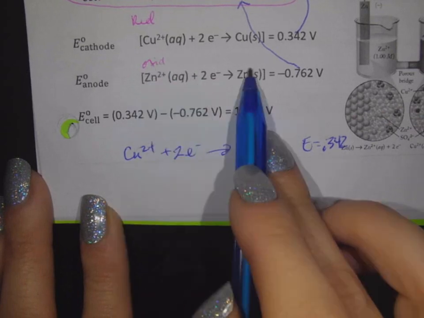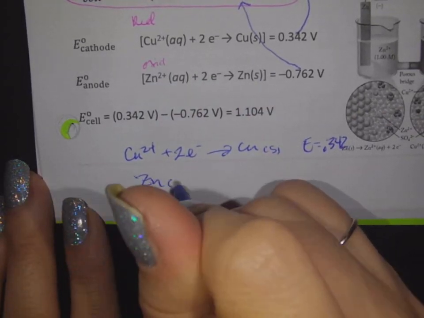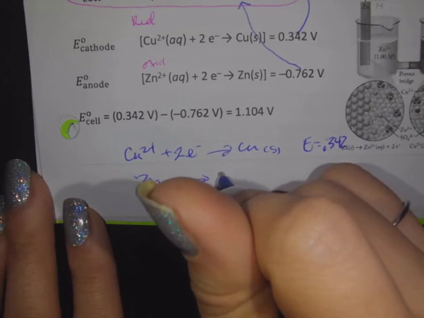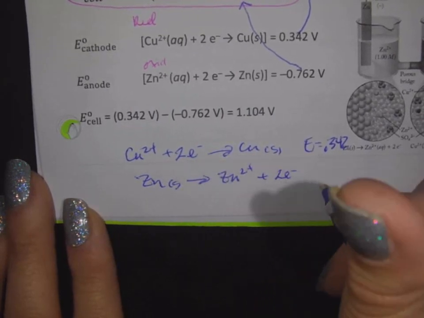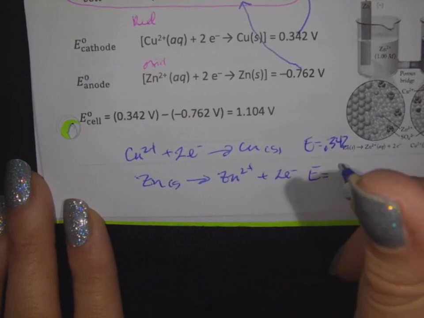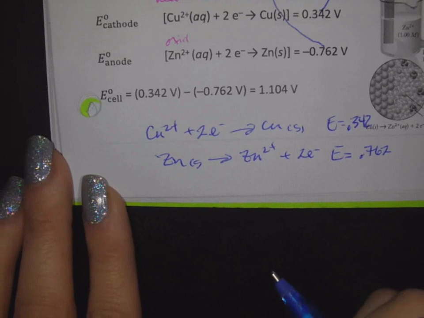And then I'm going to take the inverse of this one, so zinc solid turns into zinc 2 plus 2 electrons, and then we take the positive of that, so 0.762 volts.